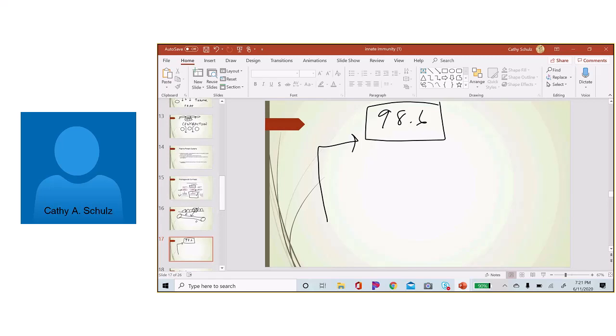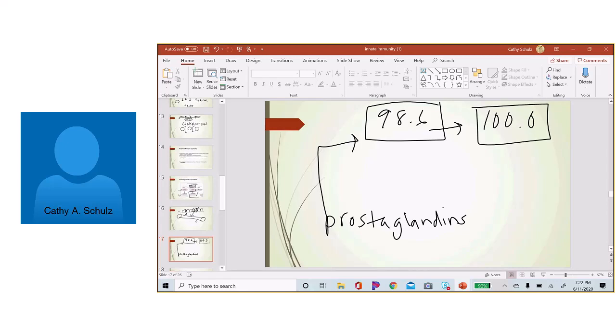But if these prostaglandins, created by the interaction of arachidonic acid and COX-2, go into the hypothalamus and increase the set point to 100 degrees Fahrenheit, then the body has to do that. So just raising the temperature set point doesn't increase the person's body temperature, but it does cause a chain reaction to do things in the body to increase the temperature itself.